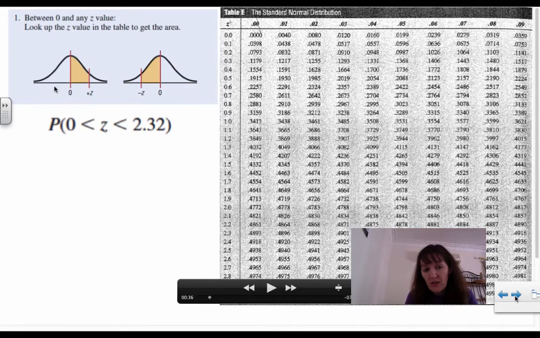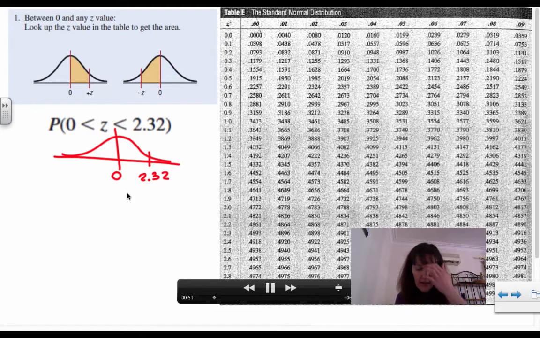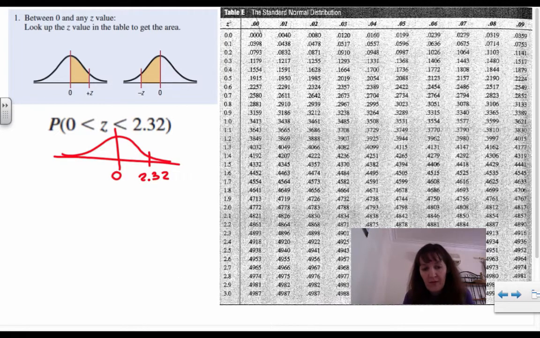If I were to draw my picture, I'm looking between 0 and 2.32. So this is the area, and I'm going to shade that area in.